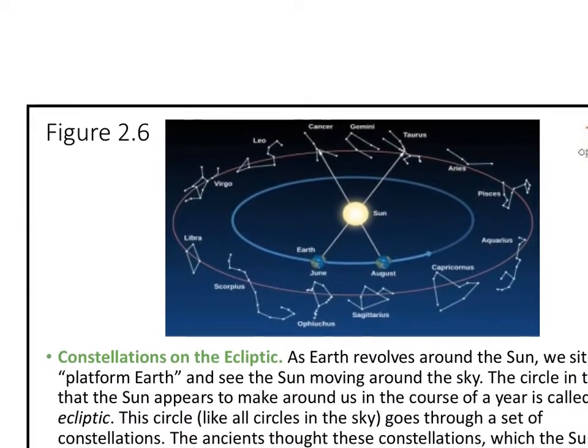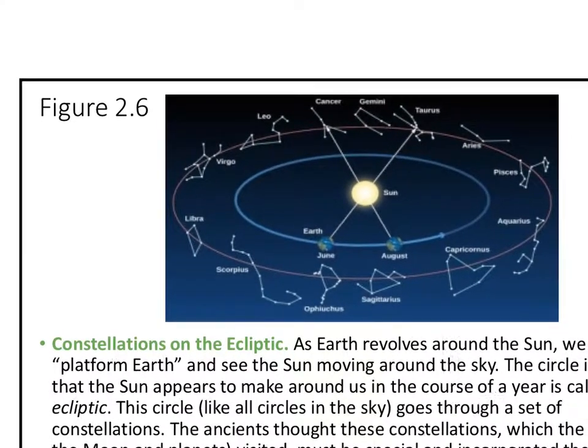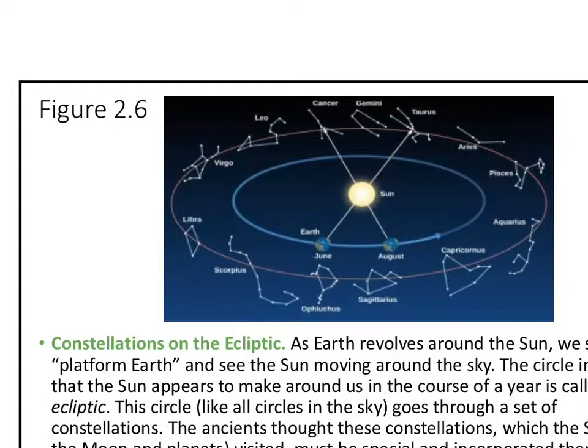I have on here seeing different stars at different times of the year, and this is kind of what I'm after. So you can see the Earth orbiting counterclockwise around the sun, and you can see, for instance, if we are over here, June, notice at nighttime we're going to see Scorpius and Ophiuchus. Okay, during the daytime, the sun is appearing to go through the constellation Taurus, which of course we cannot see those stars in the daytime.